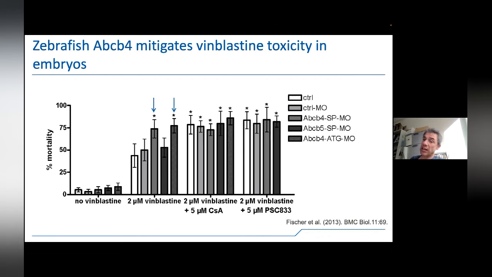So vinblastine is a known cancer drug, and ABCB4 actually keeps it out of the fish embryos. So it becomes more sensitive when the transporter is knocked out or inhibited by a chemical.